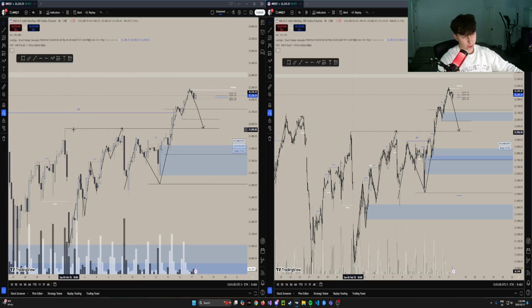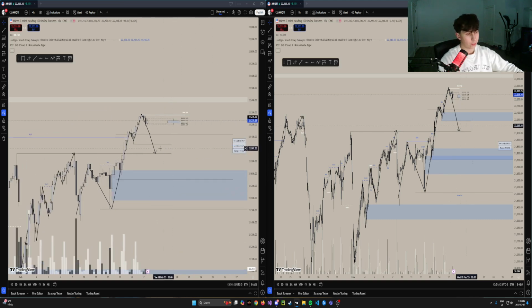So we've touched this area twice, and then when we finally broke through, we made a pretty good move up. So now what I want to do is see the market retest this area, bounce off, make this higher low, and continue moving to make a higher high and continue with this bullish structure. So that's what I'm going to be looking for tomorrow.